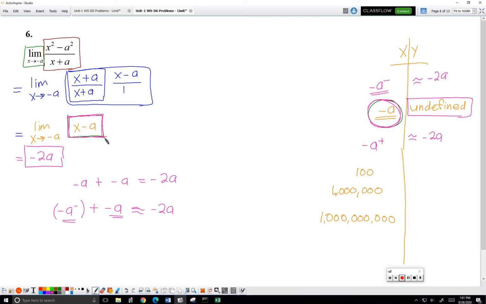You look at the two things they're adding, which is x squared minus a squared, and x squared is the bigger term in that one. And then on the bottom, x is adding to a, and x is bigger because when x is at a million, it's bigger than a because a is constant. So you use x, and so then you're looking at x squared over x. And I think that's the one you use.